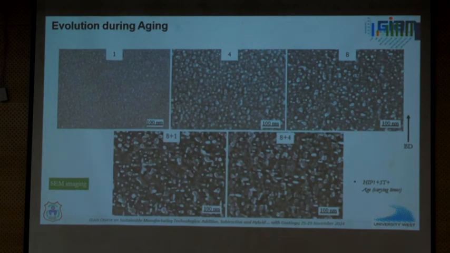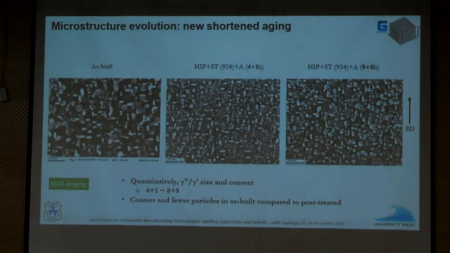Most of what I show you now is to impress upon you that you can shorten these heat treatments. So, this is evolution during aging, 1, 4, 8 during stage 1, and then 8 plus 1 and 8 plus 4. We've looked at all that, and we think 4 plus 1 looks pretty good in terms of precipitation compared to the current standard, which is 8 plus 8.